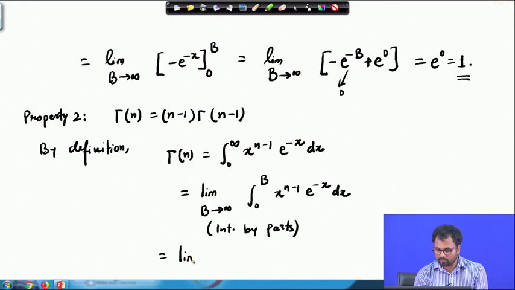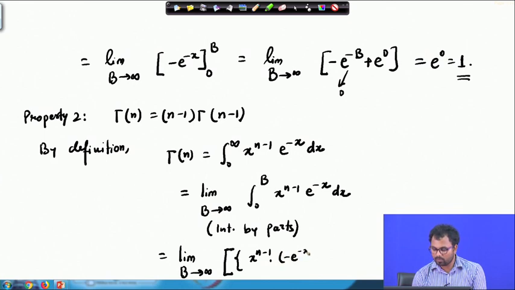If I integrate this by parts, we will have the limit as b goes to infinity of x to the power n minus 1 times minus e to the power minus x, from 0 to b, minus the integral of n minus 1 times x to the power n minus 2 times minus e to the power minus x dx.